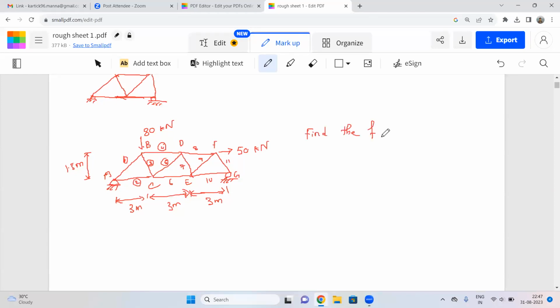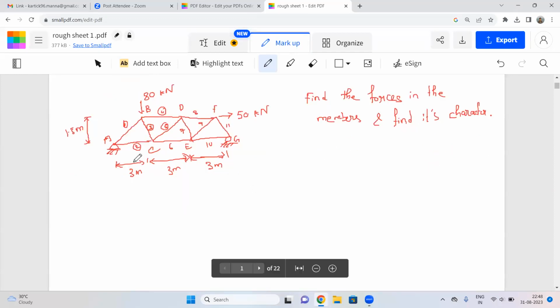So find the forces in the members and find their character, that means whether it is in compression or tension. First of all, for any section, if you remove these two supports, what will happen?